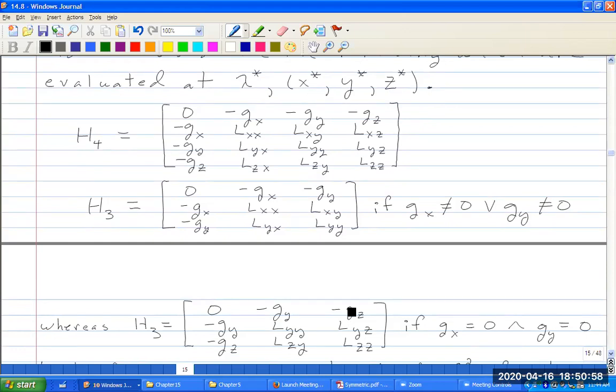So I'll have to look at the two cases. First, get rid of z. If the partial of g with respect to x is not 0, get rid of the z here. If you get rid of z, that gives you this submatrix here. I call this submatrix H sub 3.